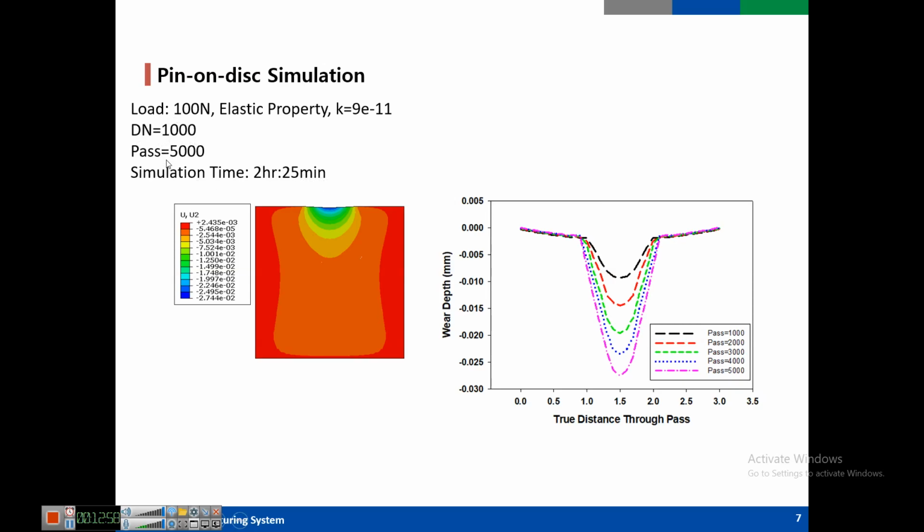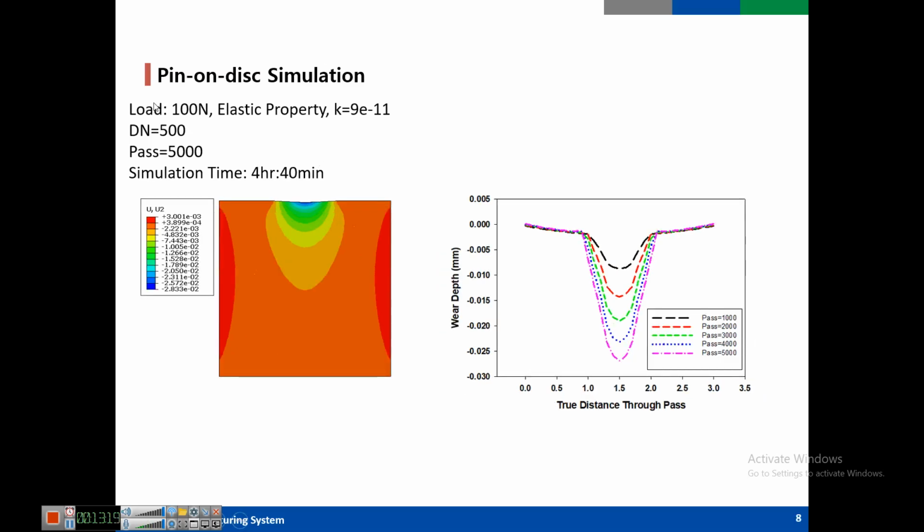And for the computational time, I consider 5000 cycles, and you can see the computational time was 2 hours, and then I define delta N 500 and consider 5000 cycles, and you can see the simulation time was 4 hours.